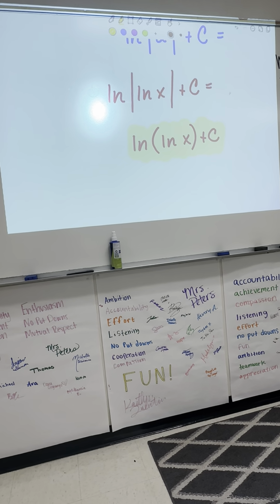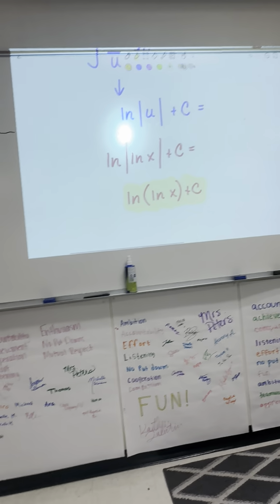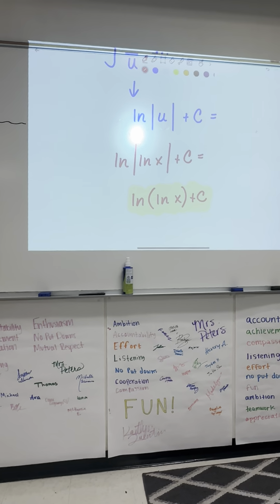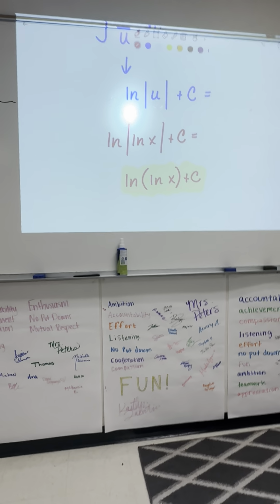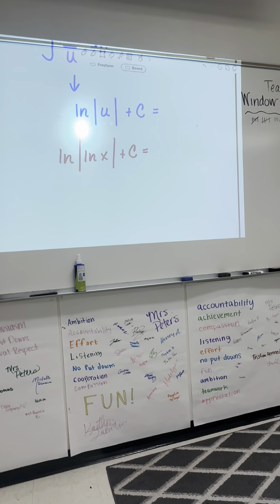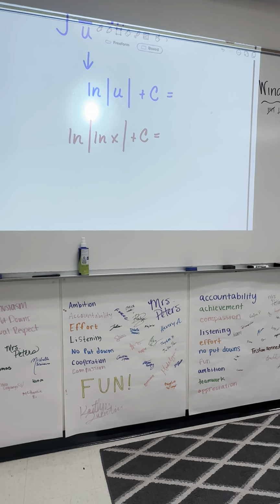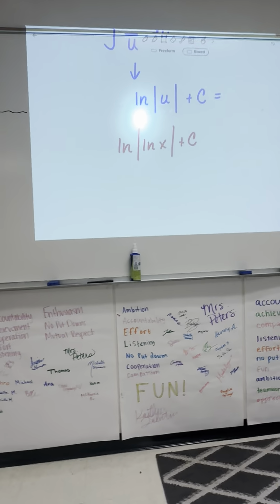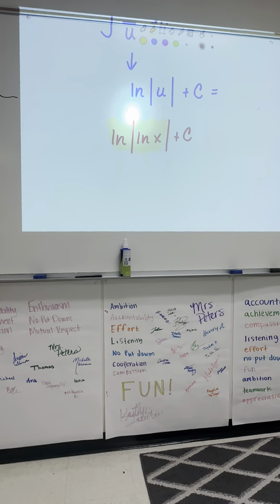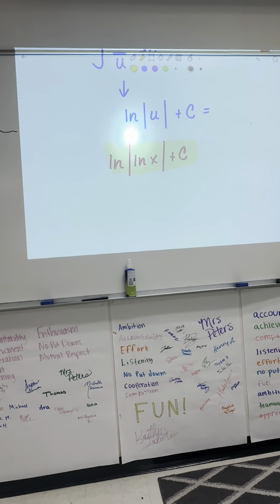Where did I lose you, by the way? You said Miss Peters, and then you stopped. I lost you when you said the absolute value bars. Oh, sorry. Is this going to be on the test? Yes. I'll just skip taking out the absolute value bars. You just leave it like that, okay? But you have the absolute value bars there because ln can't be negative. Correct.